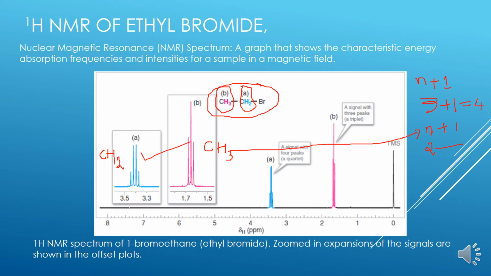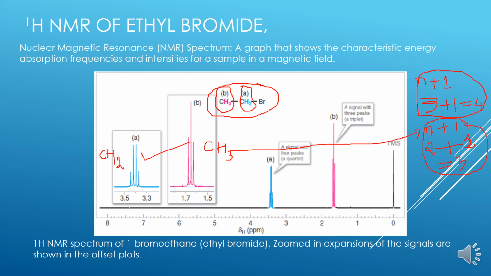Therefore CH3 protons split into 2 plus 1 equals 3. This is for CH3 splitting. CH3 splits into 3 peaks. Methylene protons split into 4 peaks.